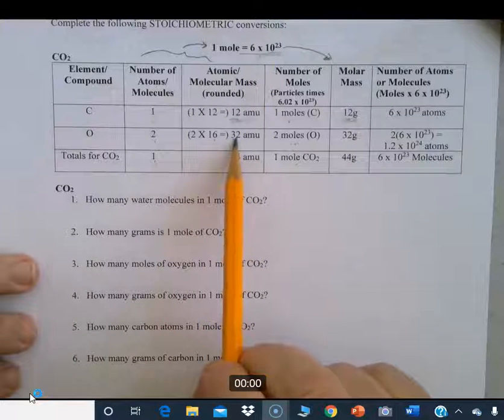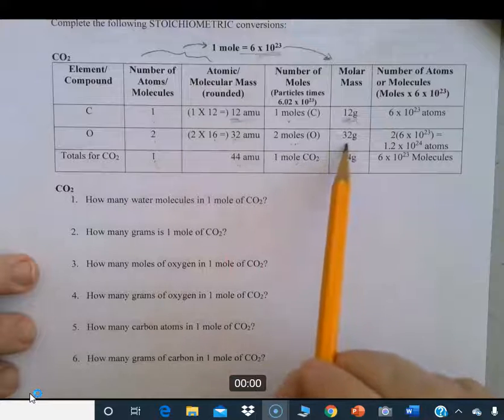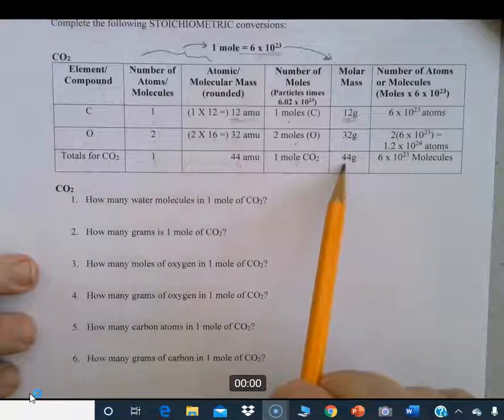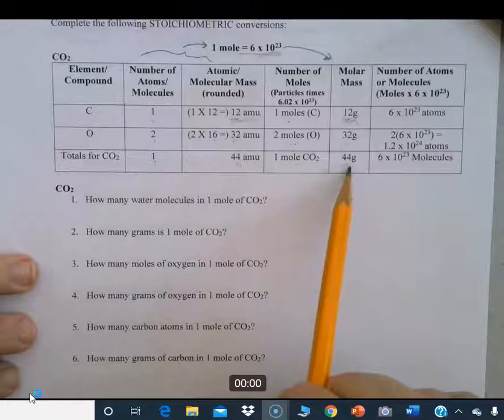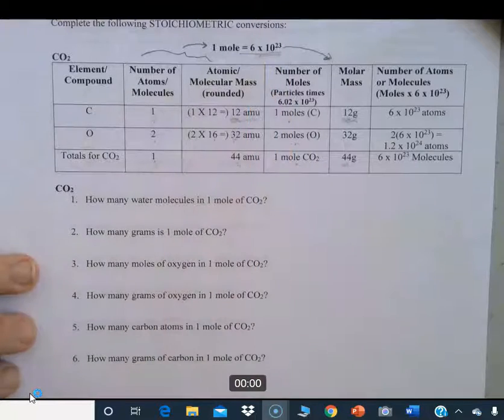32 AMU for the 2 oxygen atoms, 32 grams for 2 moles of oxygen atoms. And finally, 44 AMU for the 1 carbon dioxide molecule, 44 grams for 1 mole of carbon dioxide. So if I weigh carbon dioxide in the lab on the scale and I have 44 grams of carbon dioxide, it means I know I have exactly 1 mole of carbon dioxide molecules.